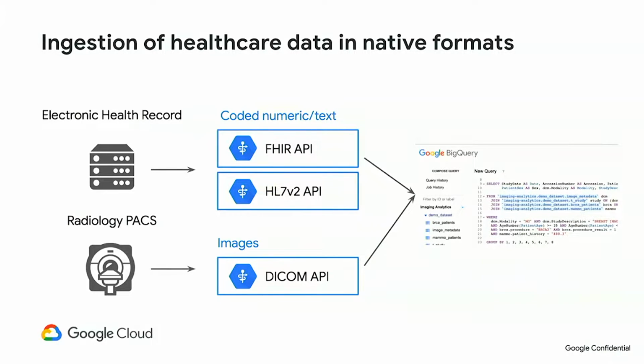Most of the data that we see coming from EHRs today comes to us in HL7 version 2 format, and that's part of the Cloud Healthcare API as well. And in addition, we also support DICOM images, so any medical radiology types of image that you have can also be ingested natively in this format directly onto Google Cloud Platform.